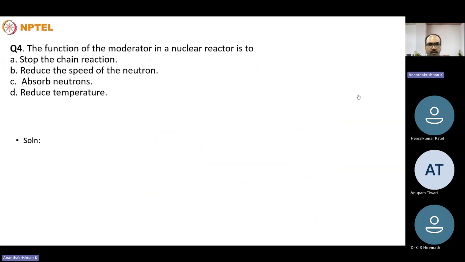Look into the fourth problem. This is a continuation of the previous problem. Yes, the function of a moderator in a reaction is to reduce the speed of the neutron, to allow more fission reactions to happen.